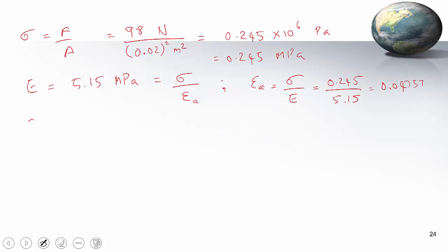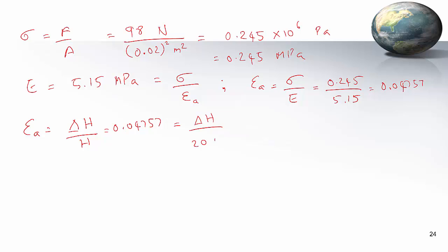Okay. So the axial strain is the change in height over the original height, equal to 0.04757, which is equal to delta H over 20 millimeters. Therefore, delta H equals 0.95 millimeters.